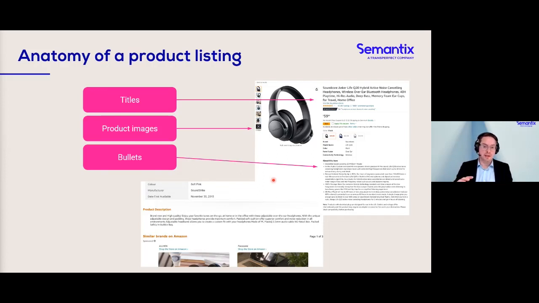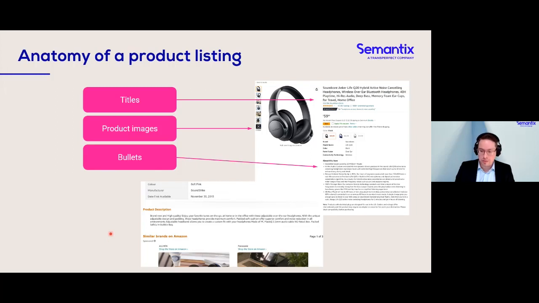You can also use text in some markets to supplement the image by calling out a certain feature or function. It could be, for example, with this product, they might want to call out the 40-hour playtime. They might want to call out that there's a microphone that you might be able to use in online meetings and so on and so forth. So the key visuals can be more branded. They can include text, and they're a great way of adding to the customer experience.